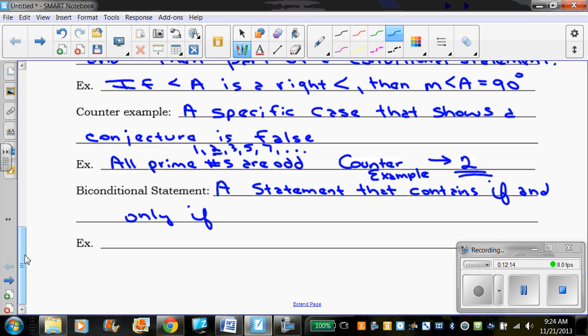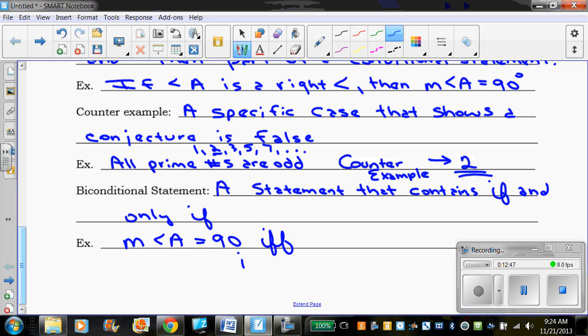And really what it means is it's true both ways. So let me just kind of write an example here. So let's start with the conditional statement we've been using. So we had if the measure of angle A is equal to 90 degrees, then angle A is a right angle, and that's true. Now if you reverse it and do the converse, if it's a right angle, then the measure is 90 degrees. That's also true. That means that you can write it as a biconditional. So the measure of angle A is equal to 90 degrees if and only if angle A is a right angle.